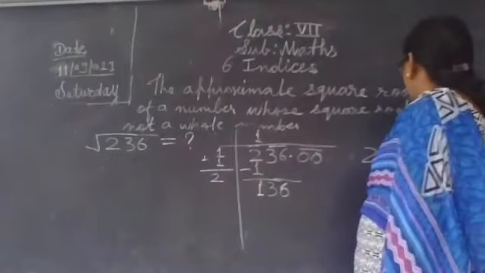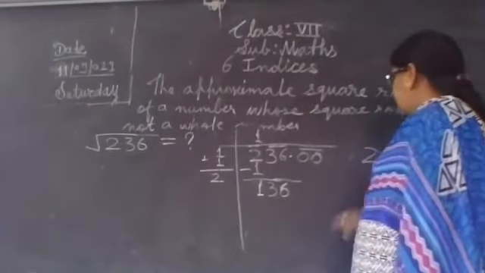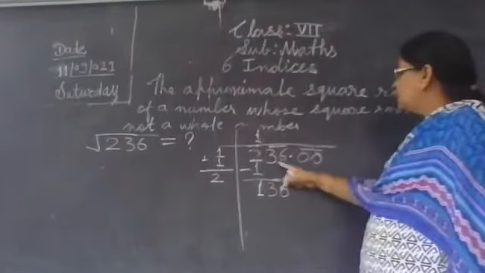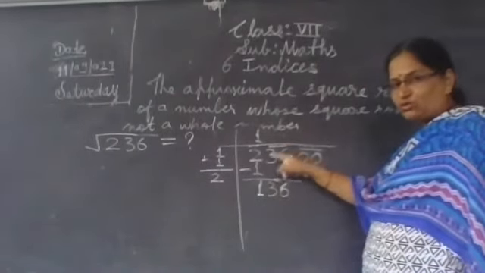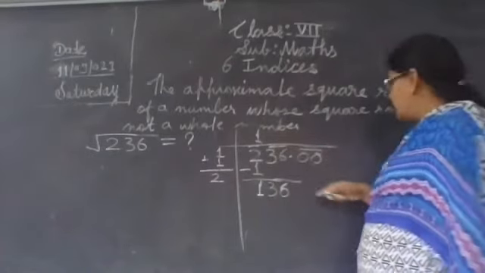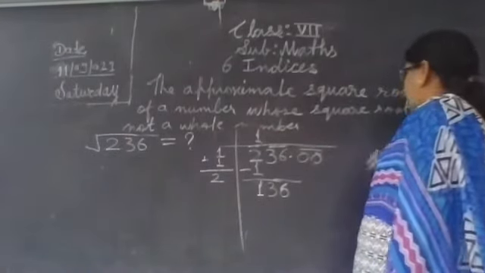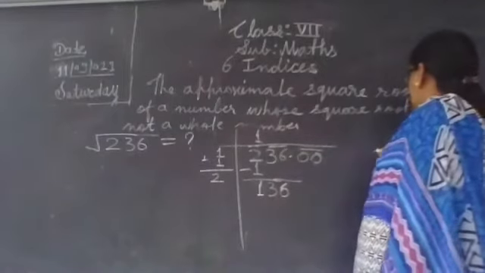So let's try. If I write 4, but already we know the perfect square of 15 is 225. So it is greater than 15. So let's try, we will write 2.